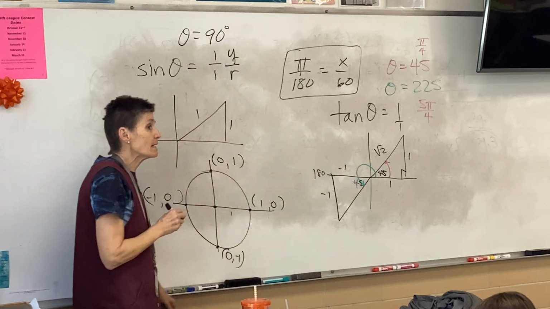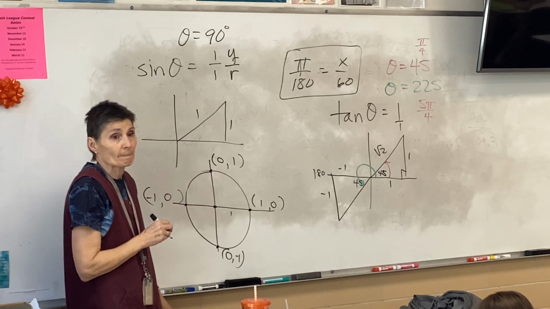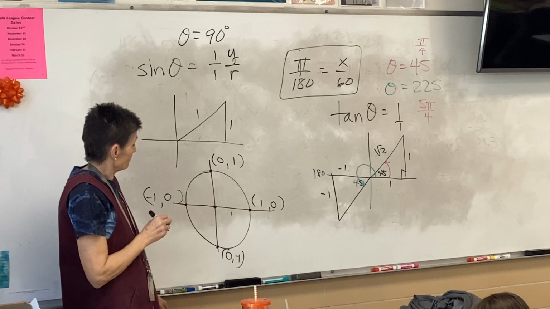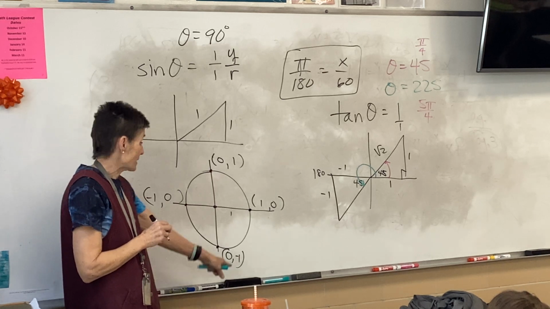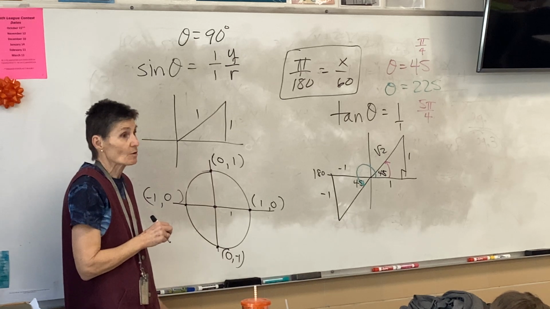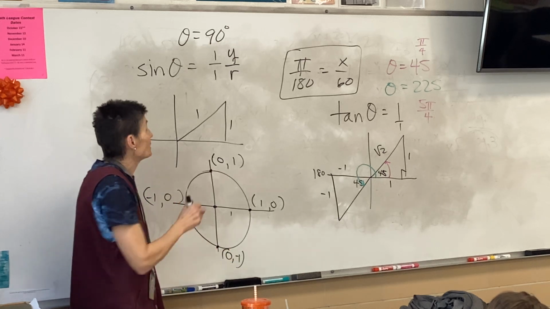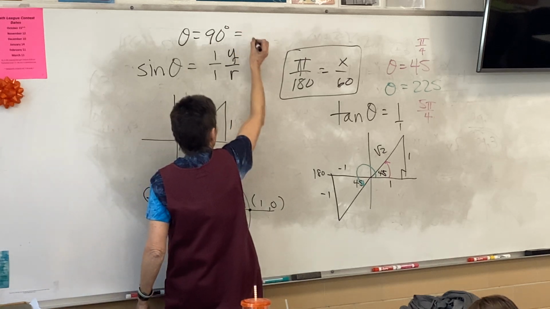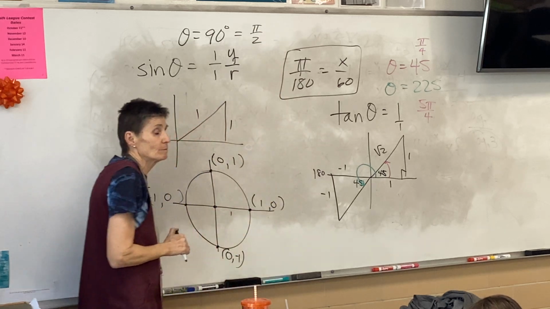Is there any other place where y is 1? No. That's a negative 1, that doesn't count. I need a positive 1. So there's only one answer, 90, which is what fraction of pi? Pi over 2. Half a pi, pi over 2.